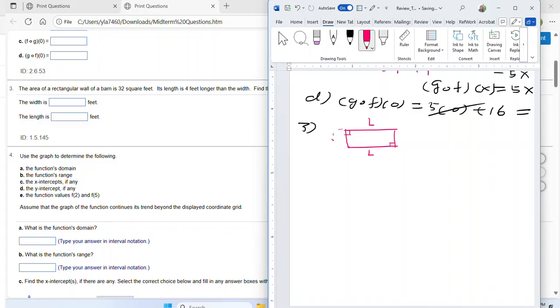So we're using L for the length, using W for the width. So the perimeter, what is perimeter? Perimeter is the sum of all sides, okay? Since I got 4 sides in here, I have L plus L will be 2L, right? And then W plus W, I have a 2W. So that is my perimeter, okay?